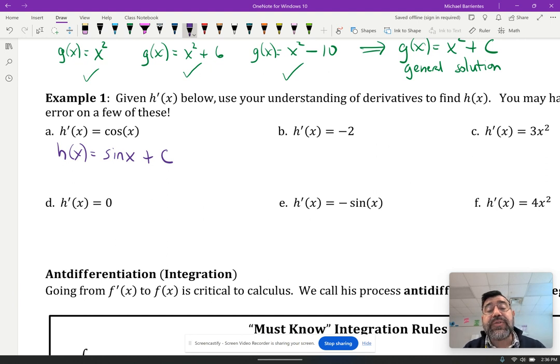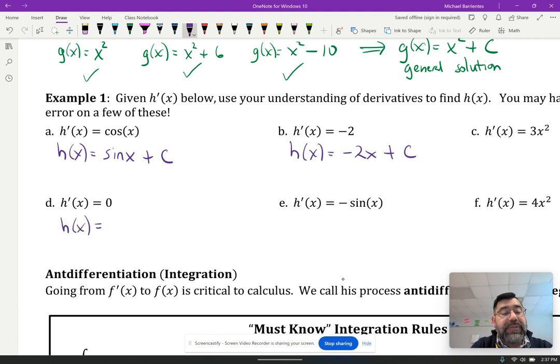Okay, what about this one? Can you think of a function whose derivative is negative 2? Can you go backwards and find that? If you said negative 2x, you'd be correct. But remember, we have to put the plus c. So for all of these antiderivatives, we're going to add on a plus c. I'm going to come over here to letter D. Letter D is, if the derivative of h is 0, find the original function.